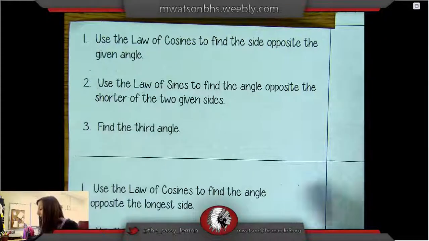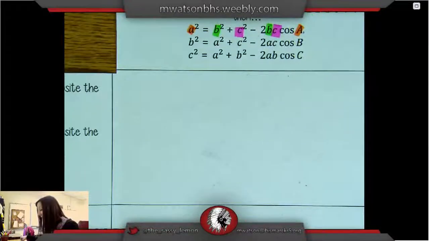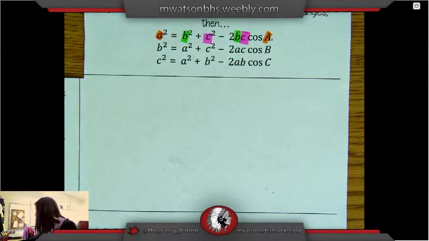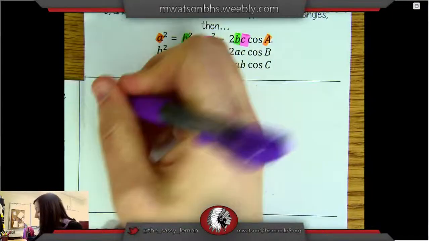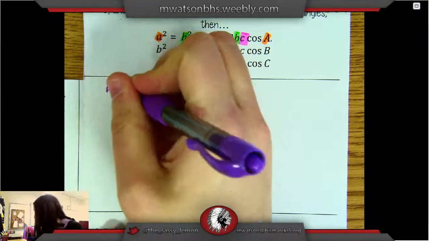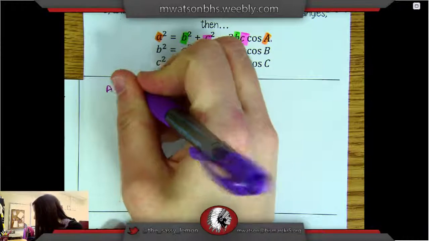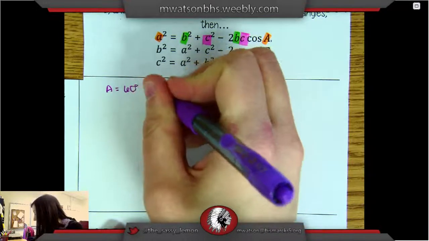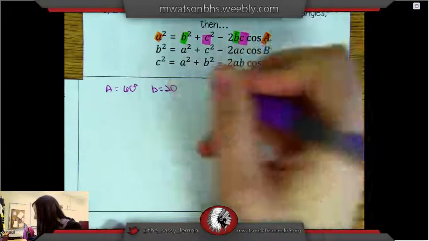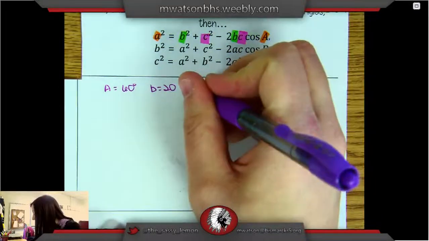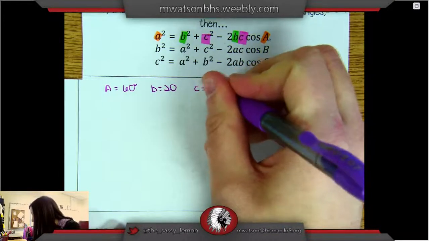Let's go ahead and get our triangle drawn over here. We're going to be given an angle A of 60 degrees, a side length B of 20 unknown units, and a side length C of 30 unknown units.